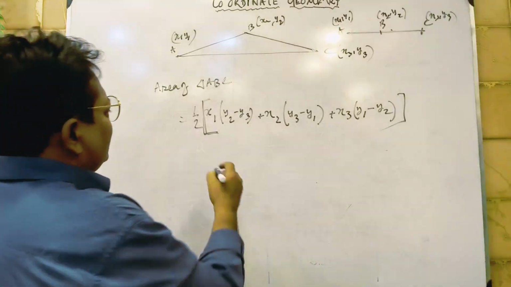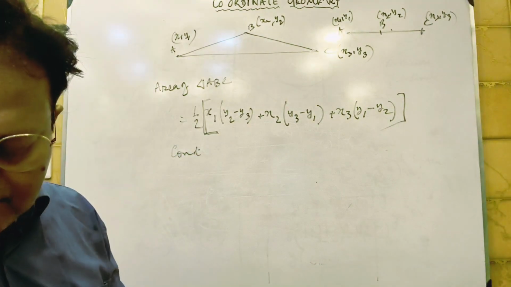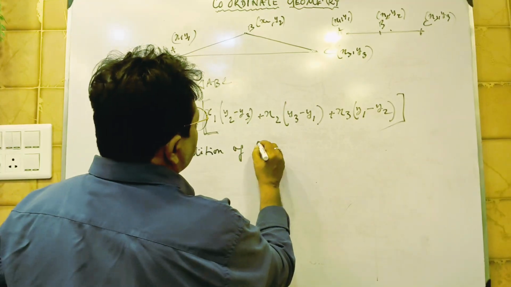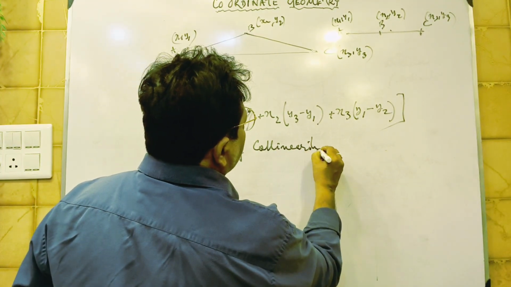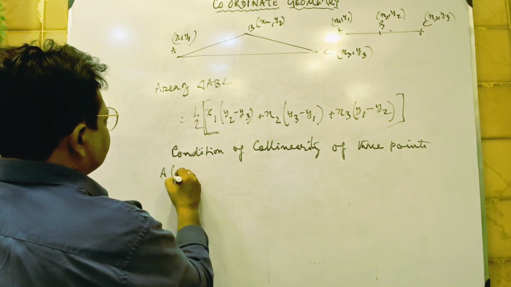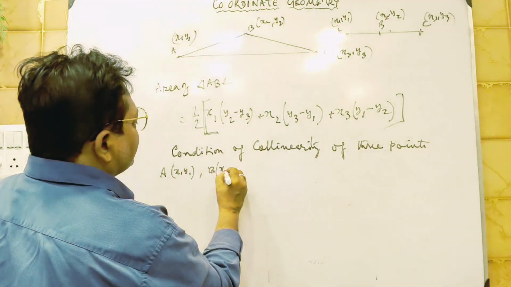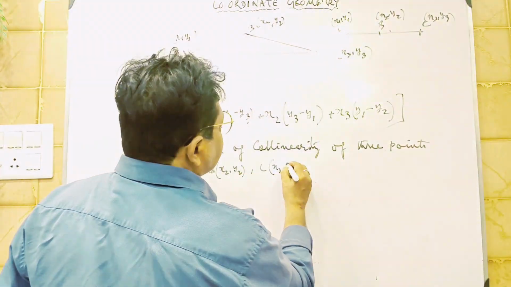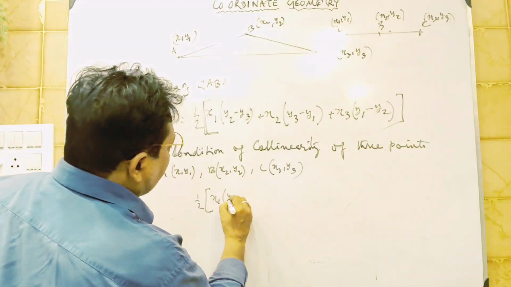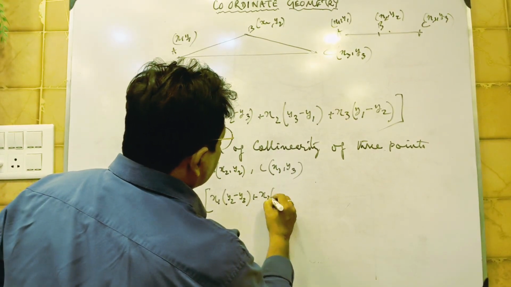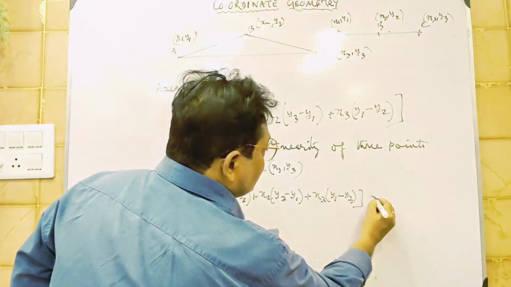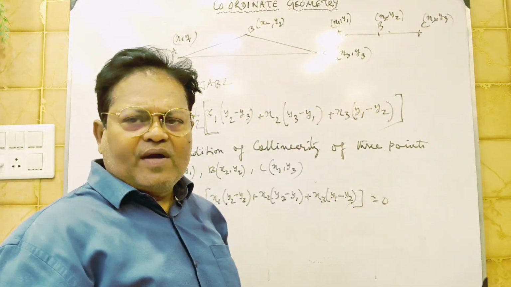We can write here the condition of collinearity of 3 points ABC: half into x1 into y2 minus y3 plus x2 into y3 minus y1 plus x3 into y1 minus y2 is equal to 0. That is, the area formed by these 3 points is 0.